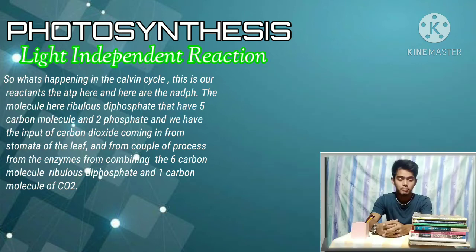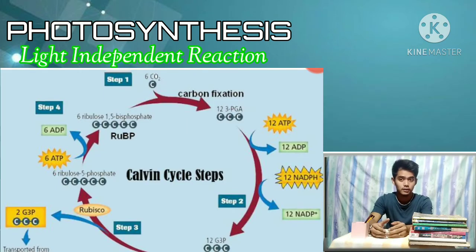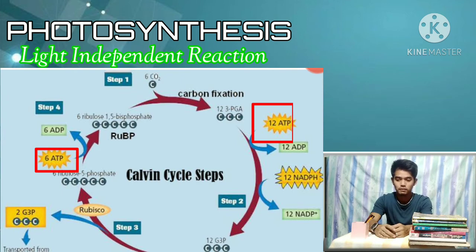So what's happening in the Calvin cycle? These are our reactants, the ATP, adenosine triphosphate, here, and here the NADPH.